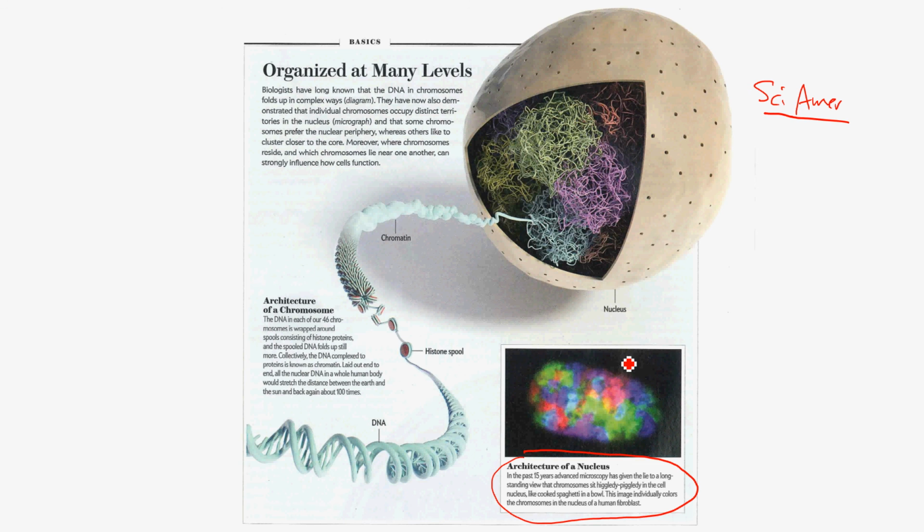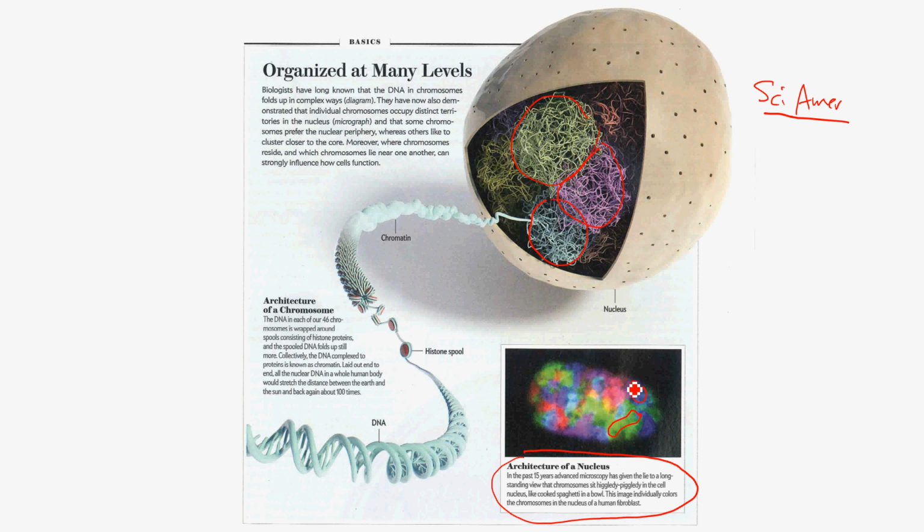So what basically they're saying is that all of this DNA and all of this chromatin, yes, it's tightly packed up in there, but then it's not just thrown randomly into the nucleus. It turns out that some of these chromosomes, this chromatin spends its time in different areas of the nucleus, right? Some chromosomes hang out near the edge, some chromosomes hang out near the middle, some chromosomes are always in this part of the nucleus over here as compared to other chromosomes which are in this part of the nucleus over here.